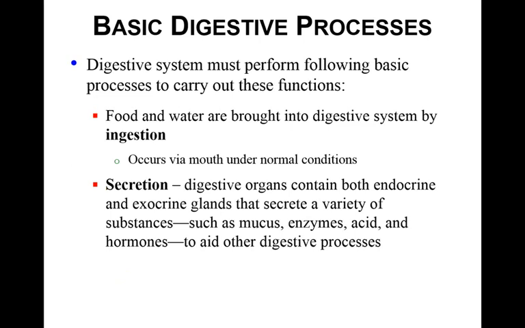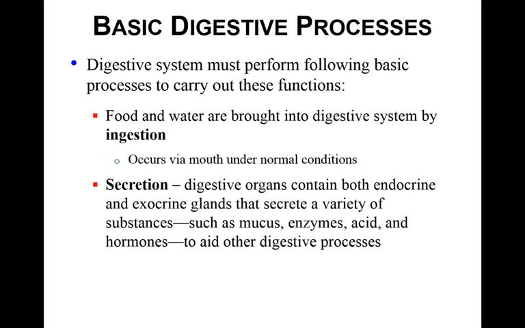There are some basic processes that the digestive system has to perform in order to carry out these functions. The first one's called ingestion, and that's bringing food and water into the system. Of course, this is in the mouth. Secretion. The digestive organs contain both endocrine and exocrine glands that secrete a variety of substances: mucus, enzymes, acid, hormones.